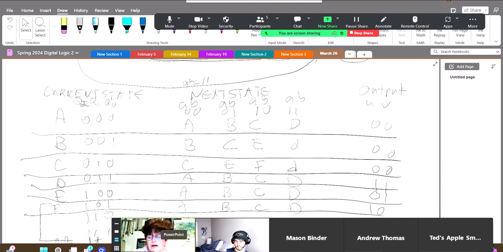I would be happy to go over one of the midterm questions right now, and then I can do others later. Does anyone have one in particular that you would like me to do?